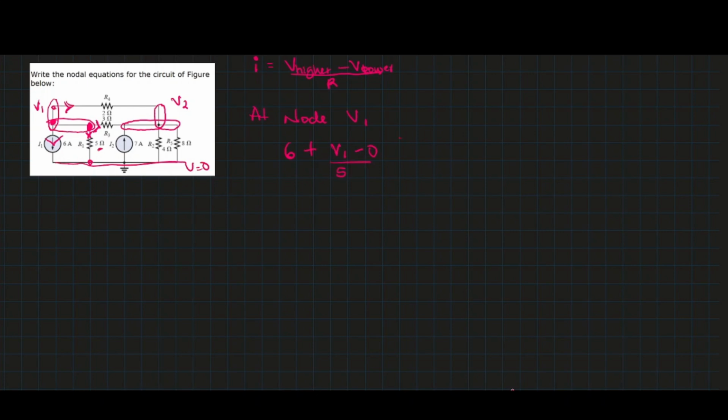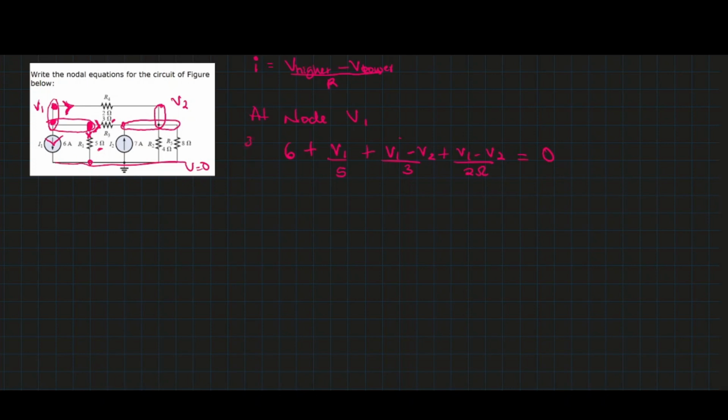You can just write V1 over 5 plus, for this one that's passing the 3 ohms, this node is V1 minus this node V2, all over 3. And lastly, this node is V1 and this node is V2, so it's V1 minus V2 all over 2 ohms equals 0, because there's no current actually entering this node, so it equals nothing.